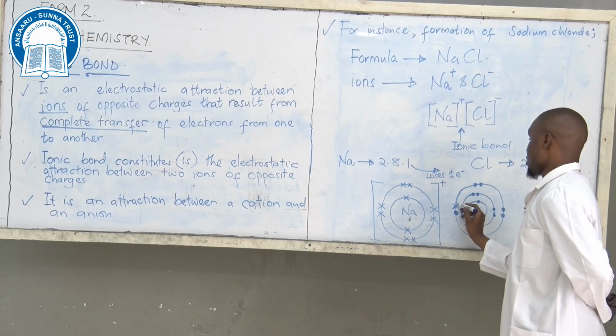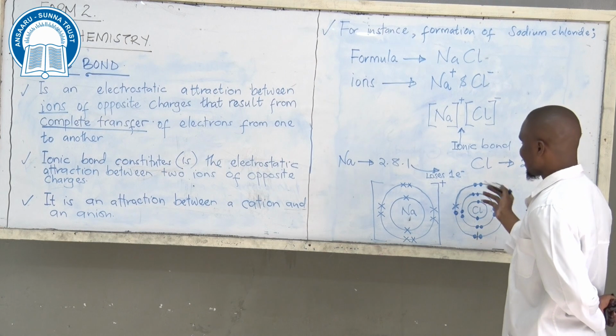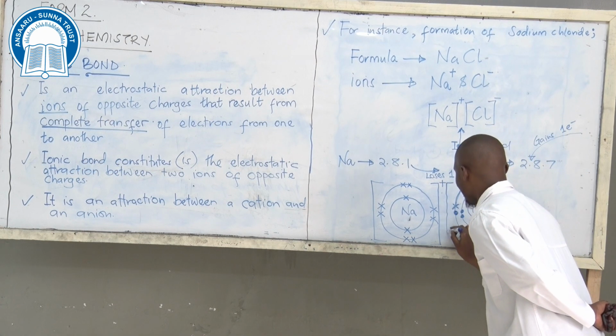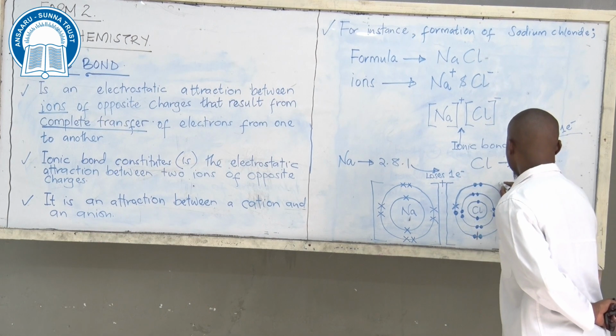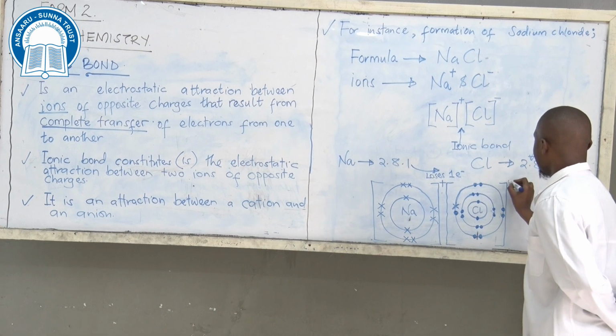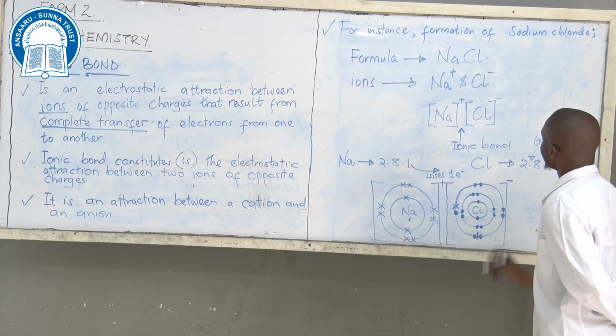So we have a cross here showing that there is an electron that has been gained. And for that reason of gaining the electron, the chlorine atom turns into a chloride ion that has a charge of negative 1.